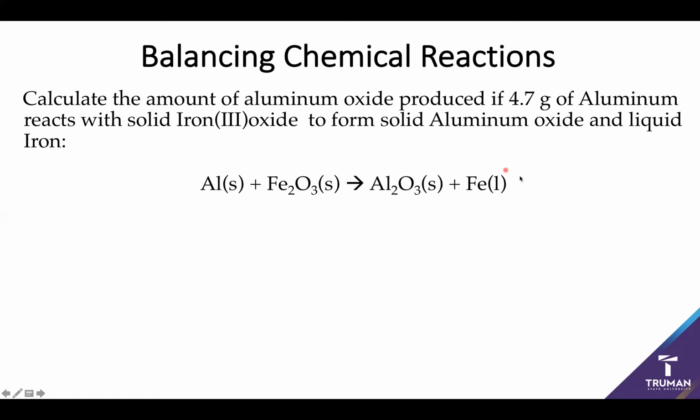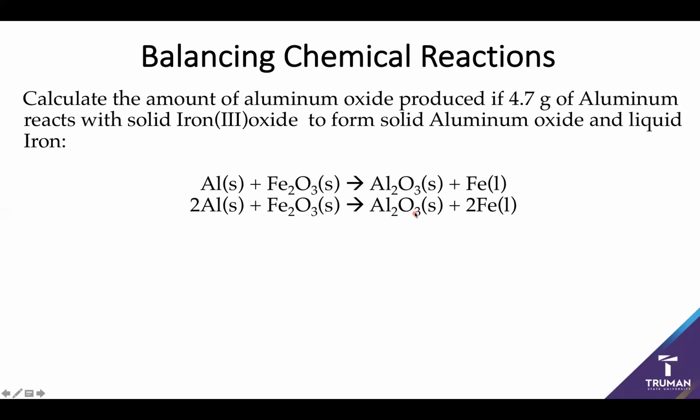However, the reaction I provided here is unbalanced. I've got 1 aluminum on the left and 2 aluminums on the right. So in order to balance the chemical reaction, let's go ahead and double the amount of aluminum, and we're going to need to do the same thing with iron. Oxygen is already balanced. So we now have a balanced chemical reaction.